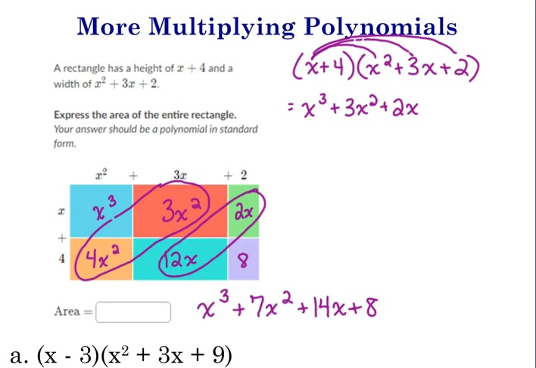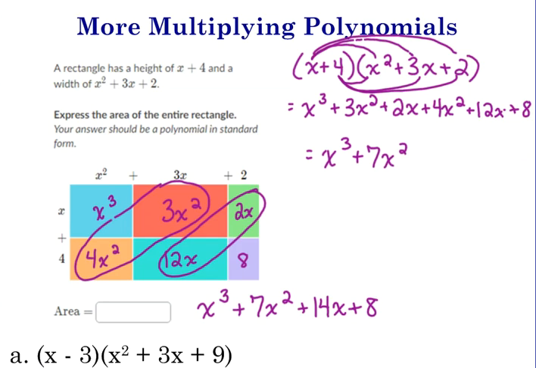They were the exact same numbers that we just got on the first row of our box method. Then we distribute the 4 to everything. So 4x squared, 4 times 3x is 12x, 4 times 2 is 8. Exact same numbers we just got when we did the box method. Either way, we come to the same conclusion: x cubed plus 7x squared plus 14x plus 8.